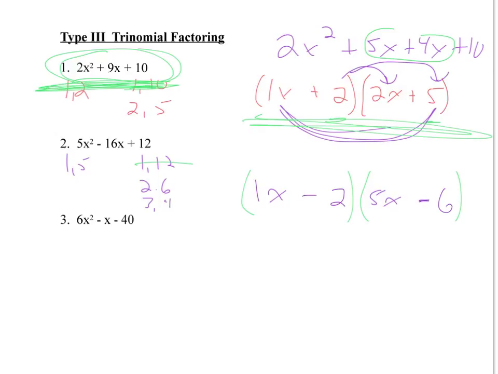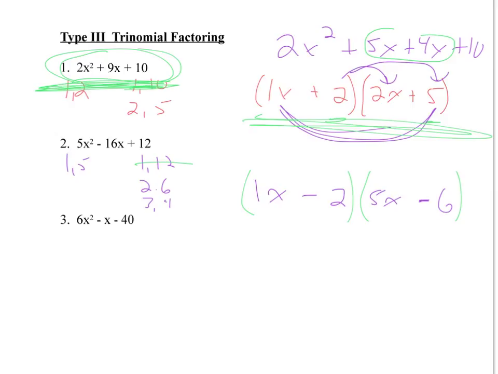So when I check my FOIL, again, as I just said, 1x times 5x is 5x squared. Those are my firsts. My last, negative 2 times negative 6, is positive 12. That works. And my negative 16x comes from my outers, negative 6x, plus my inners, which is negative 10x. Negative 10x minus 6x is negative 16x.